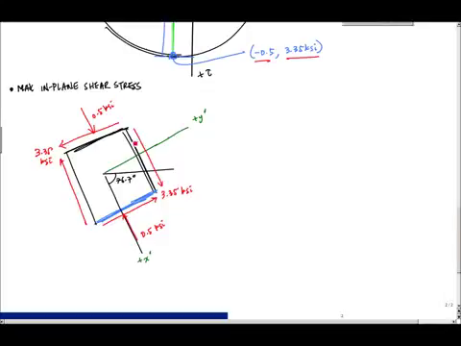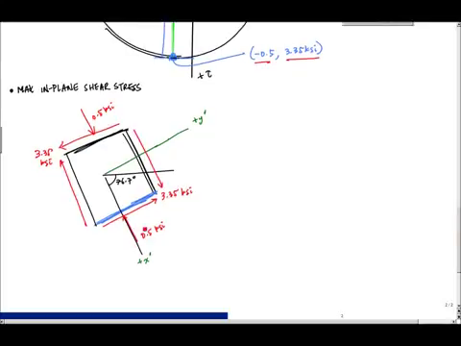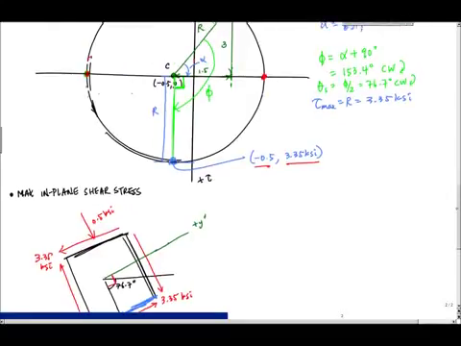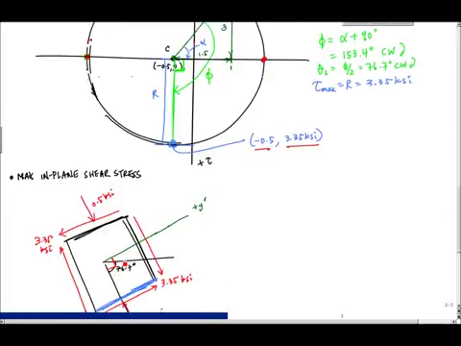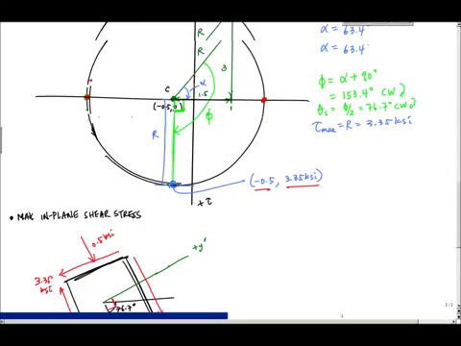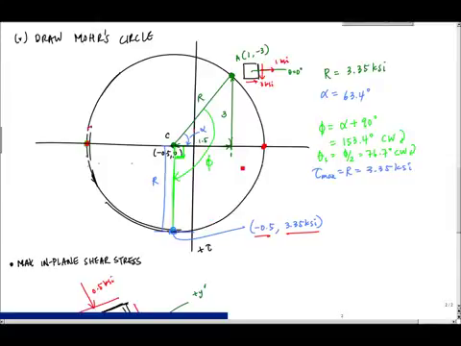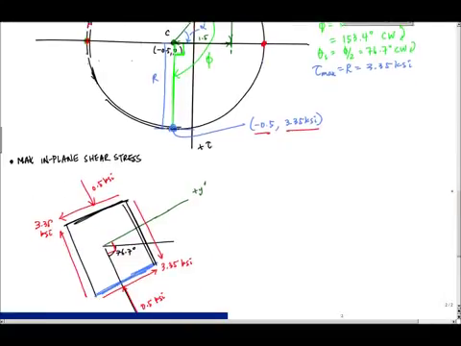And then I have to think about what my normal stresses are here. Just like we were talking about before, to go from x prime to y prime, it's a 90-degree rotation in Mohr's circle, which is 180 in real life. That means I'm all the way over here. And my normal stress here is also 0.5 KSI, negative.